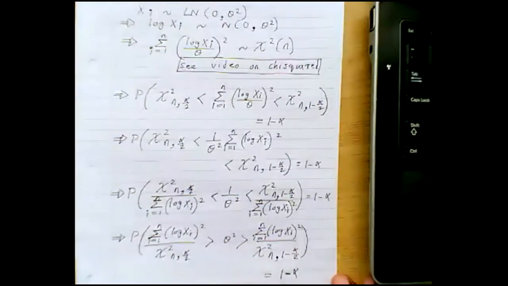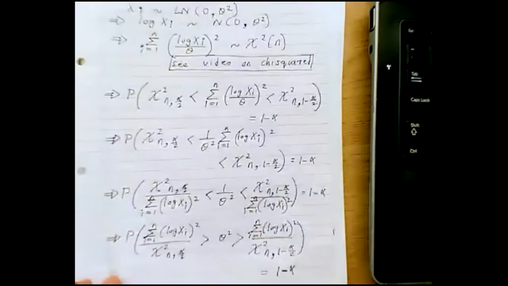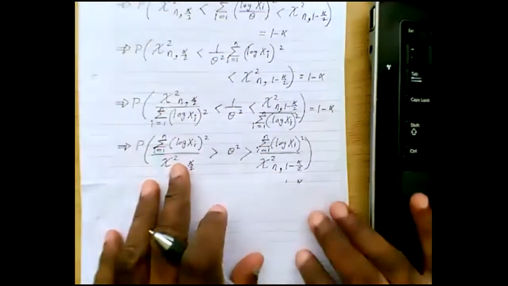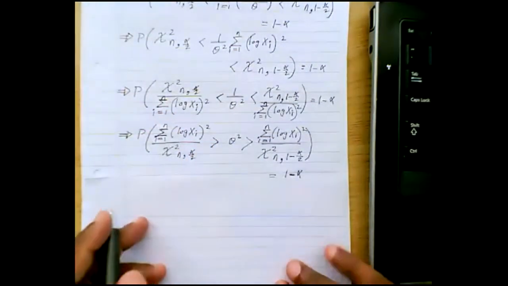All right, and the next thing I'm going to do is take the square root of each, because the question is to find the confidence interval for theta, not theta squared, and theta is a positive number because it represents standard deviation.